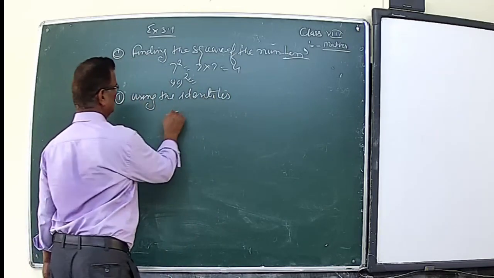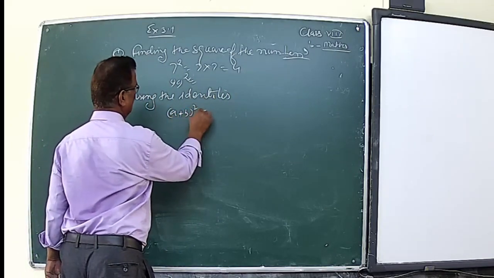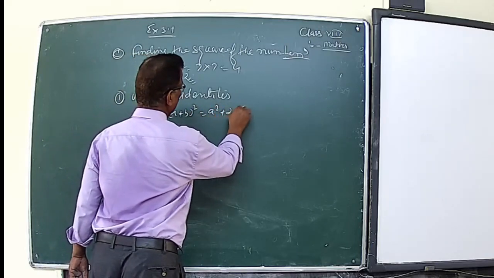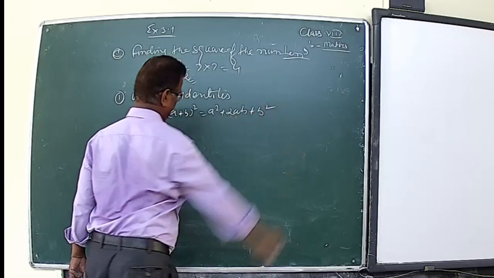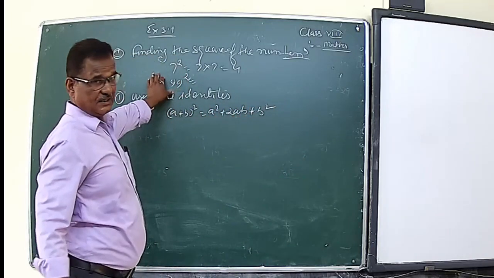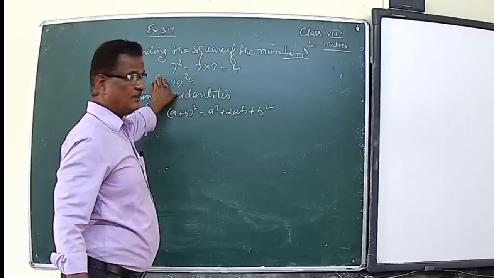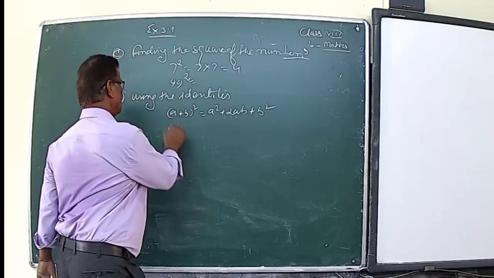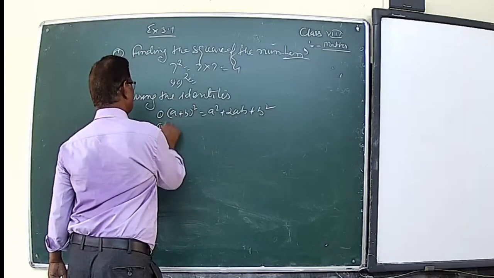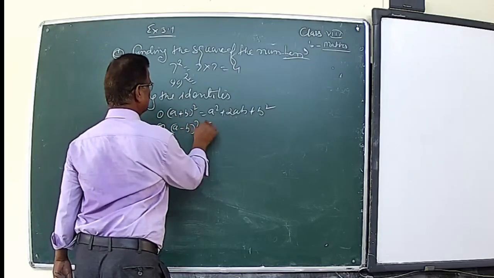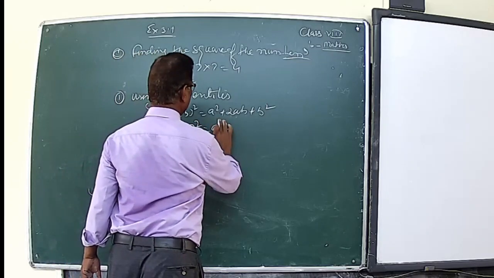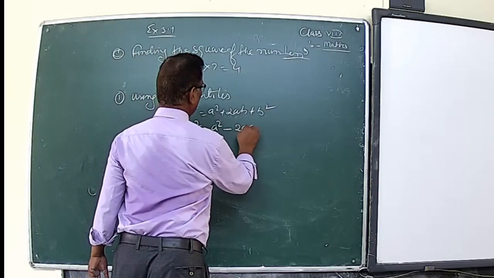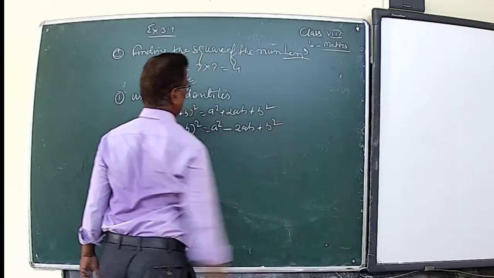First, a plus b whole square is equal to a square plus 2ab plus b square. Break the number into a sum or difference of two numbers and then find the square. The other is a minus b whole square is equal to a square minus 2ab plus b square.